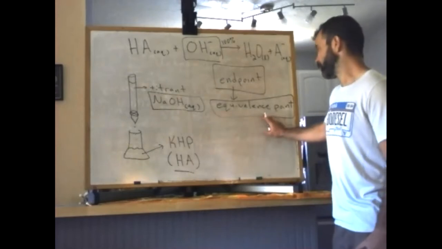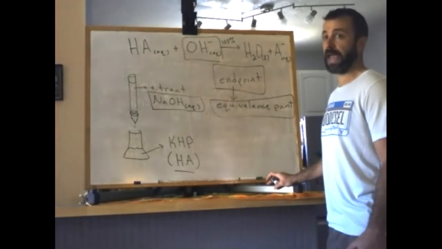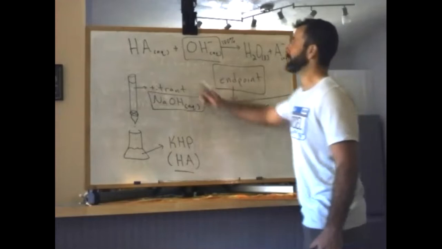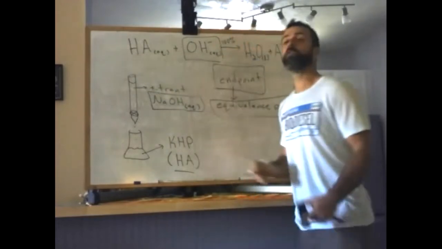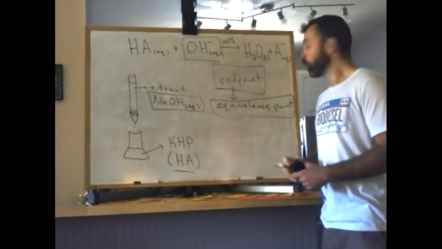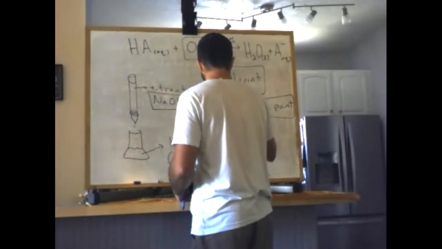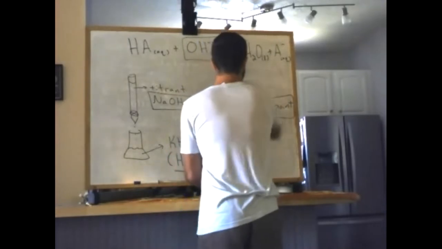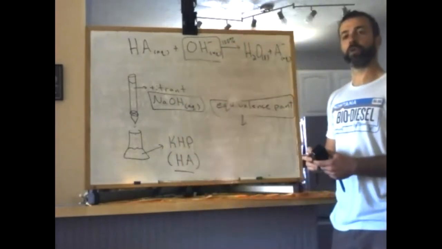The equivalence point becomes really important. What is the equivalence point of a reaction? Well, this reaction goes 100% to completion, right? And it tells us for every 1 mole of HA, it will react with 1 mole of OH minus. So this is something important you have to know: the equivalence point is the point at which our reactants are in their stoichiometric ratio.